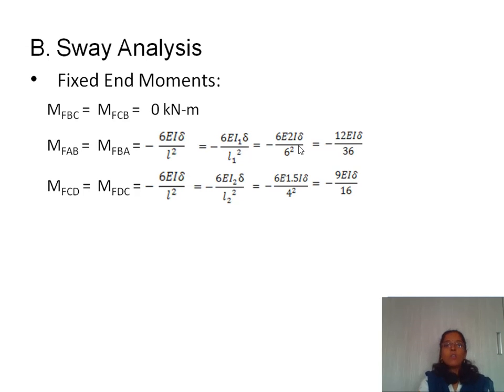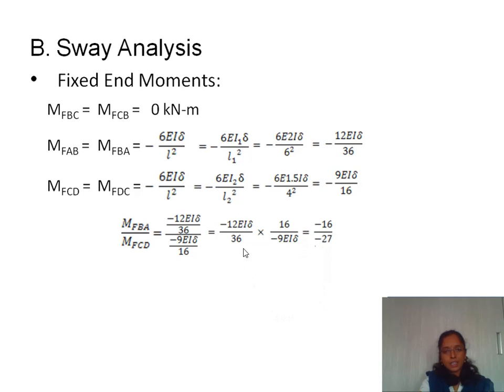Okay, so now to eliminate this delta, let us take the ratio of MFBA to MFCD. That will be equal to minus 12 EI delta by 36, that whole thing divided by minus 9 EI delta by 16. If you rearrange it, it will be minus 12 EI delta by 36 into 16 divided by minus 9 EI delta. So EI delta will get cancelled.